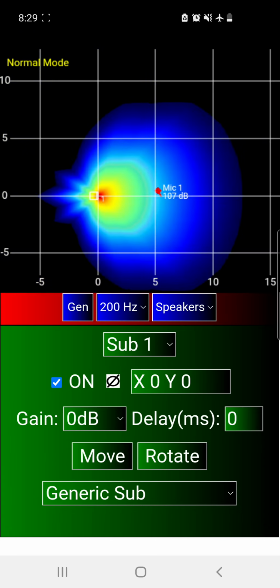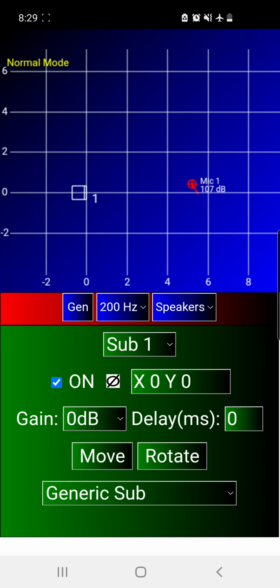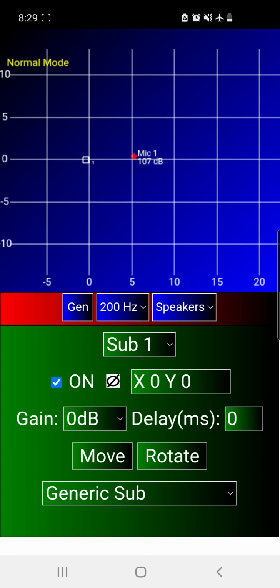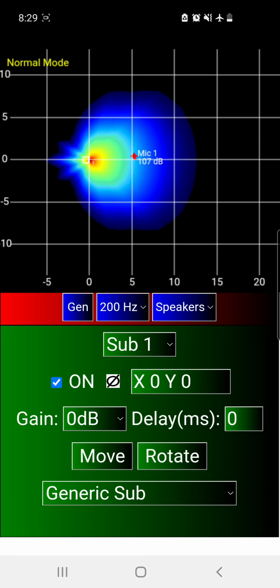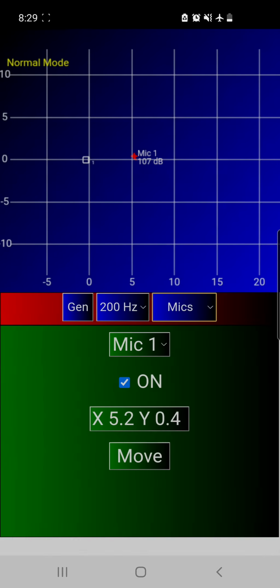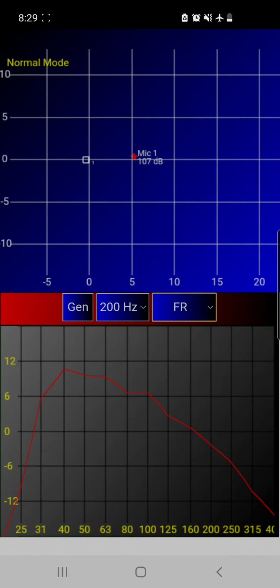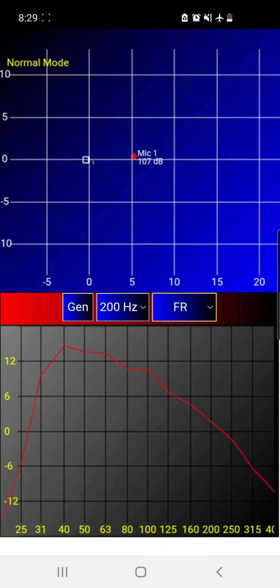See, it's a lot more directional, like subs in reality. And you can see also that at 200 hertz it doesn't have much energy. Obviously that's related with the frequency response, which falls at 200 hertz, right?